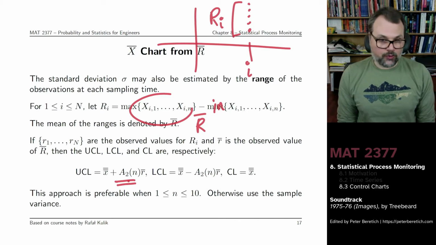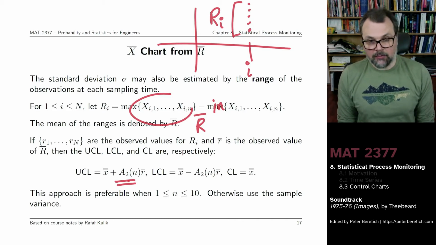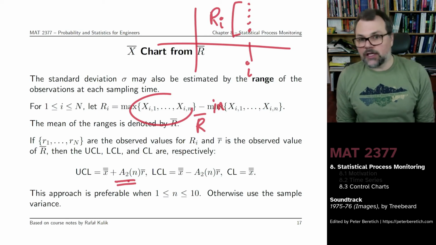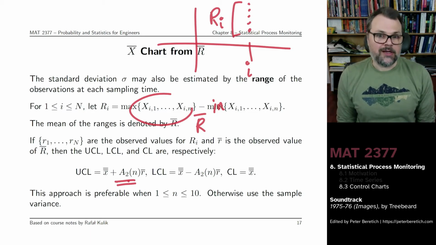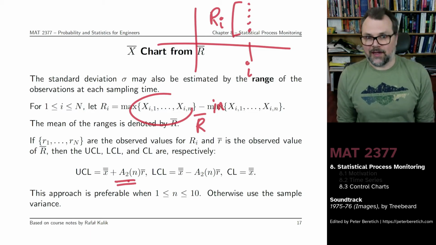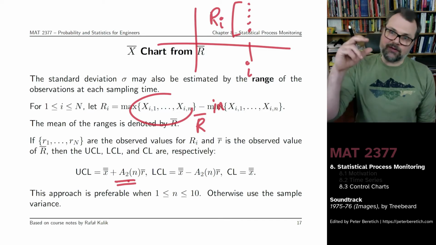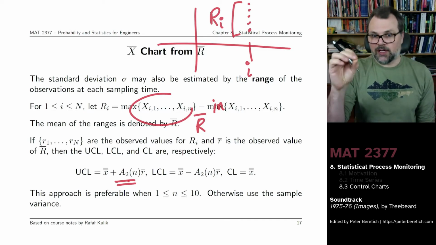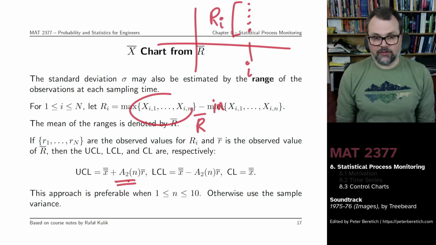The lower control limit is given by X bar minus A2N times R bar, and the central line is X bar. So this isn't going to give you the same control chart. It just gives you a different way to monitor the sample mean, using the range of the values instead of using the standard deviation or the sample standard deviation.